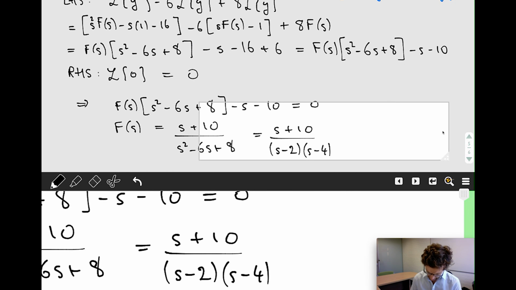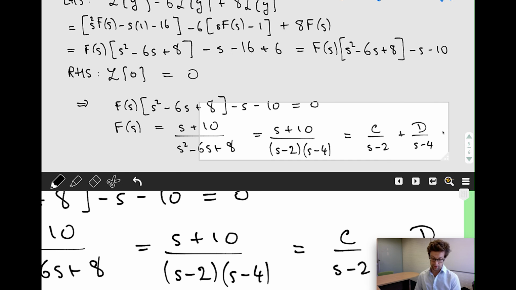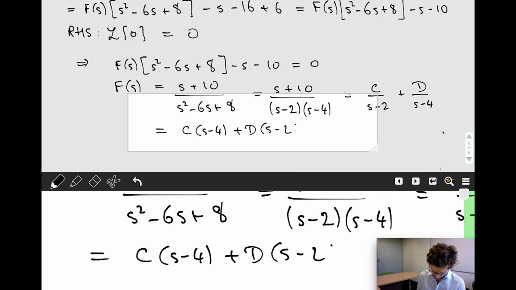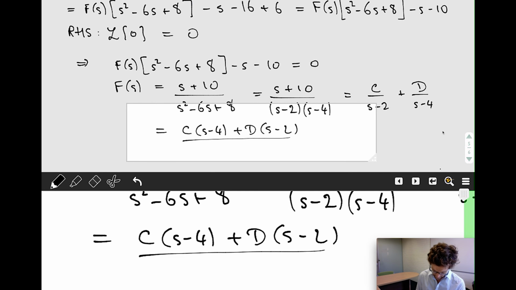And I'm going to write this as, let's call it, C over s minus 2 plus D over s minus 4. We have to use the method of partial fractions for this. So cross multiplying, I'm going to get C times s minus 4 plus D times s minus 2, all over s minus 2 times s minus 4.